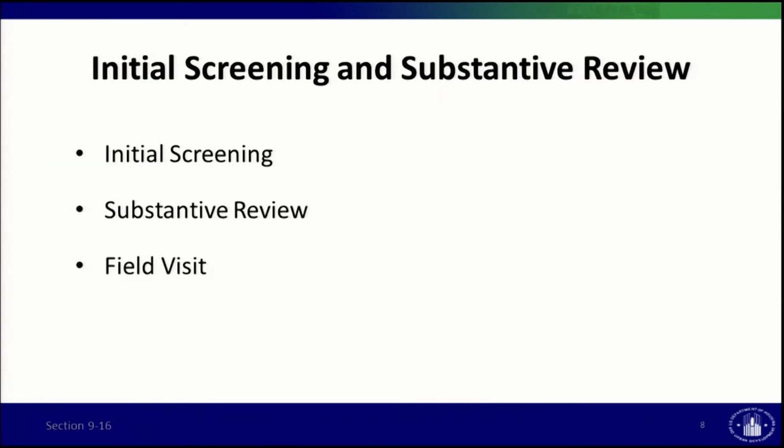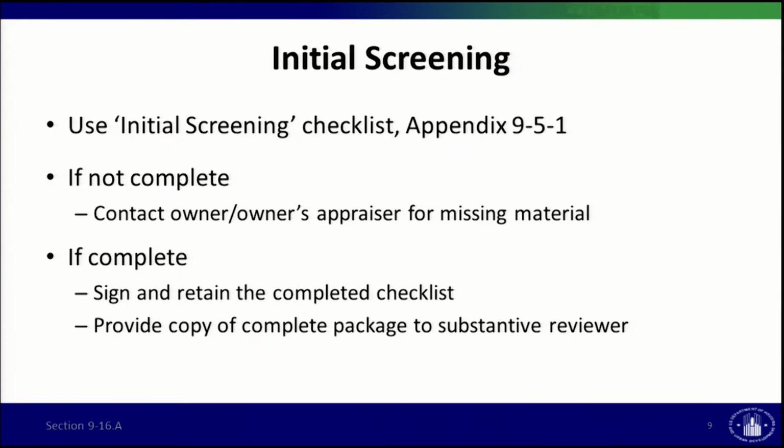We've talked a little bit about who these people need to be, so now let's discuss what they do during the review process. We're going to move into more information on initial screening and substantive review and possible field visits. Initial screening.